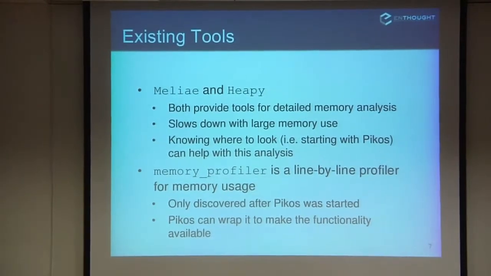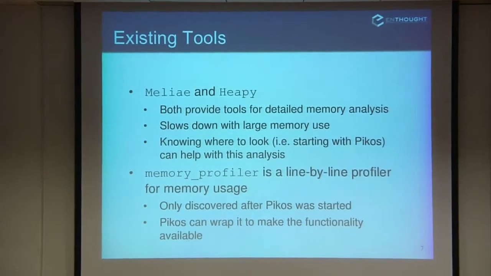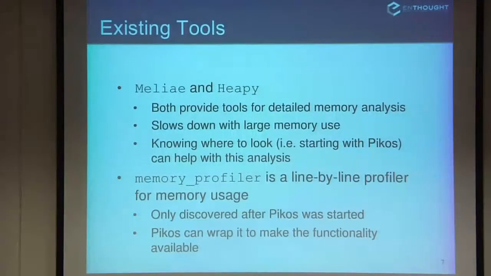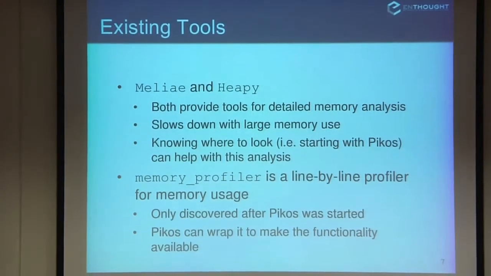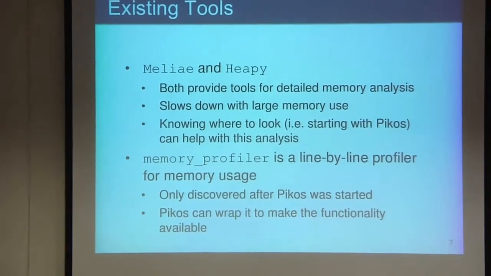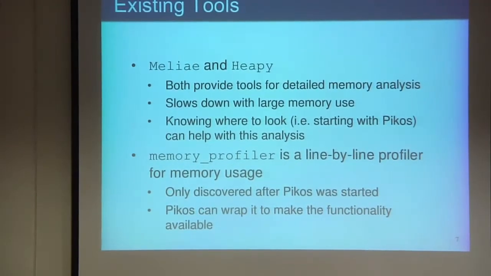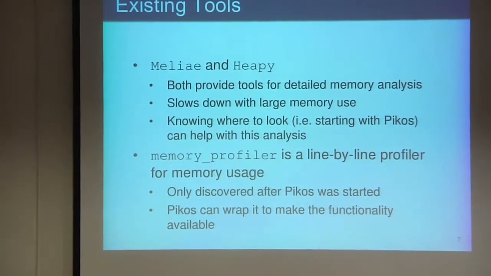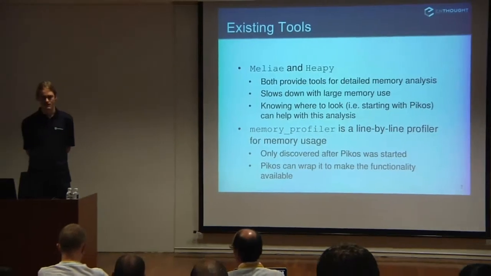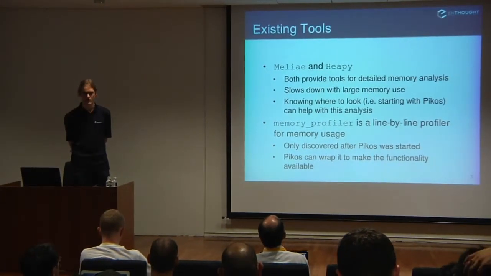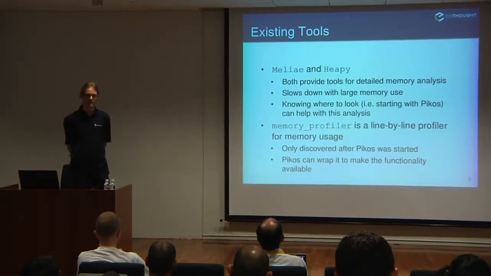So existing tools, I mentioned that we came across something that we could have used, which was Memory Profiler. But before that, I tried to investigate using Heapy and Meliae, which both give very detailed, very useful analysis of how memory is allocated in a Python program. For example, with Heapy, you can connect to a running application and collect information about objects in the process and drill down to possibly where they were allocated.